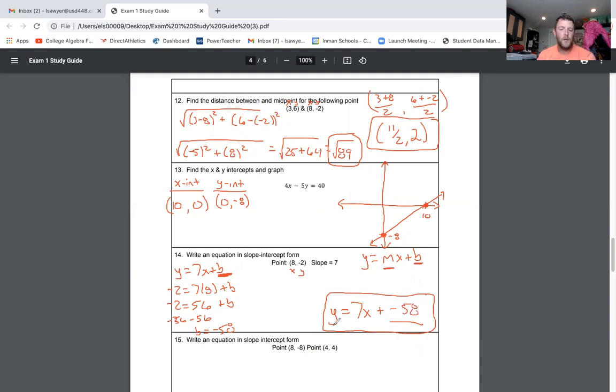Okay, and so 7x plus -58, they might count that wrong because of the plus minus. So technically, you should get rid of the plus and just say this is minus 58. So that's how you do that. Cool.